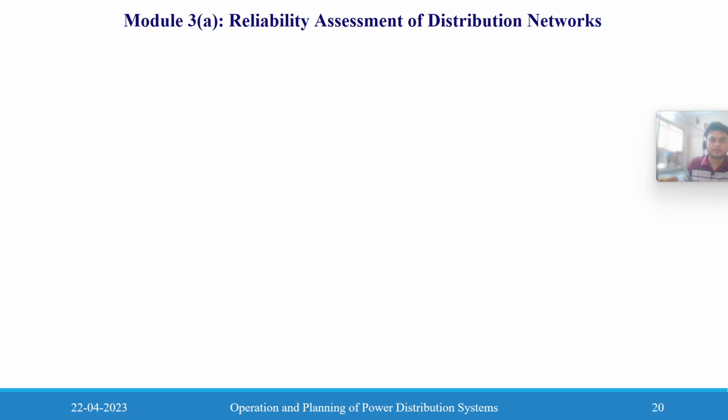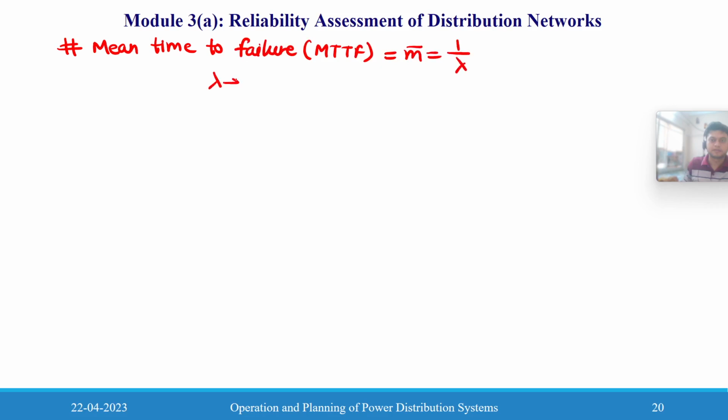Now we have different reliability terms to be defined. Mean time to failure, it is m bar, so it is 1 divided by lambda. Lambda is mean failure rate.